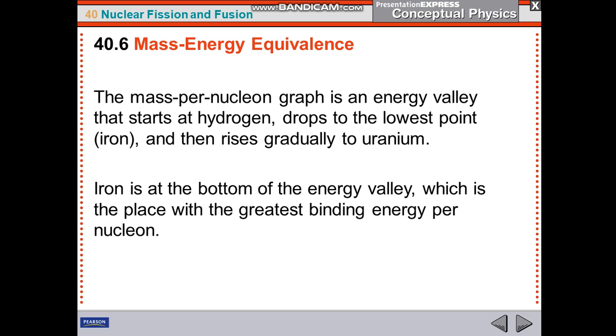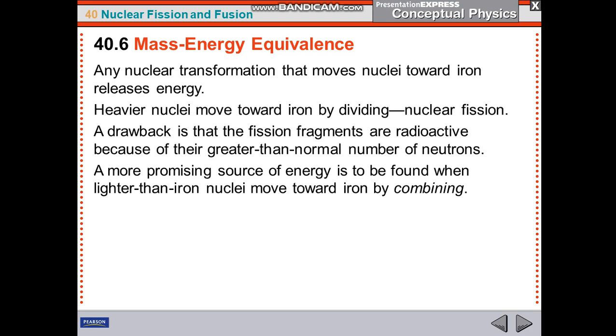The mass per nucleon graph is an energy valley that starts at hydrogen, drops to the lowest point, and then rises gradually to uranium. So iron is at the bottom of the energy valley, which is the place with the greatest binding energy per nucleon. Any nuclear transformation that moves nuclei toward iron releases energy.